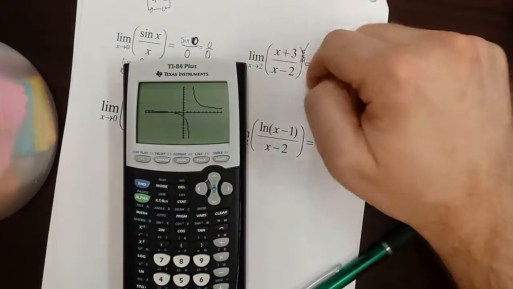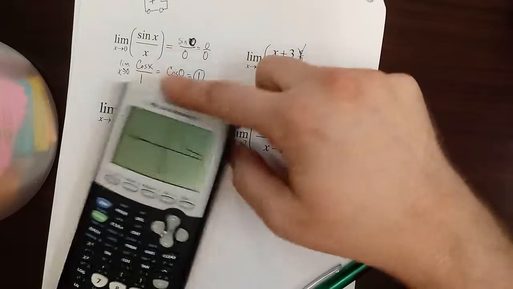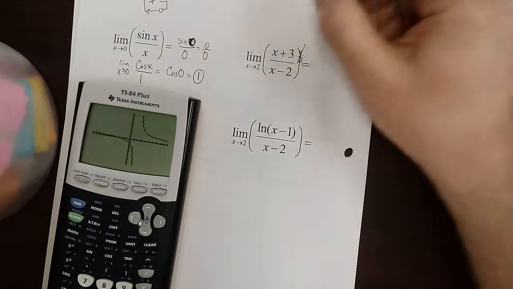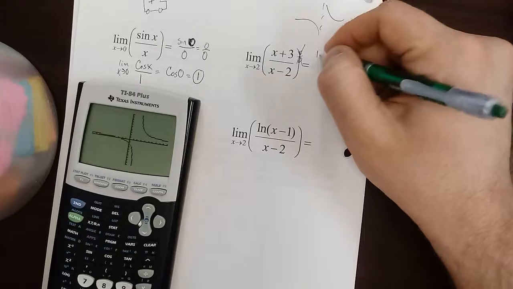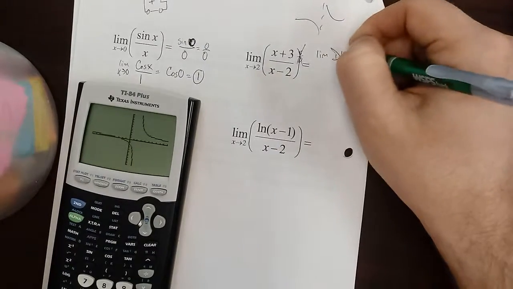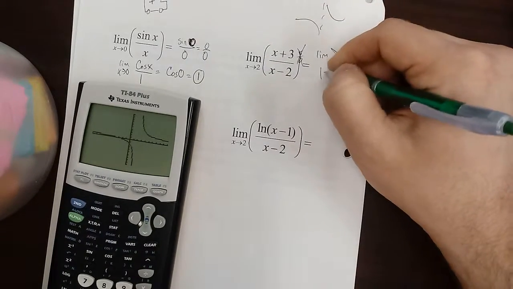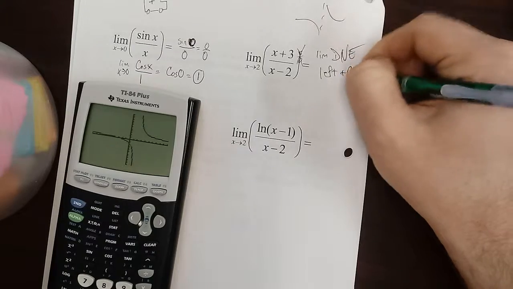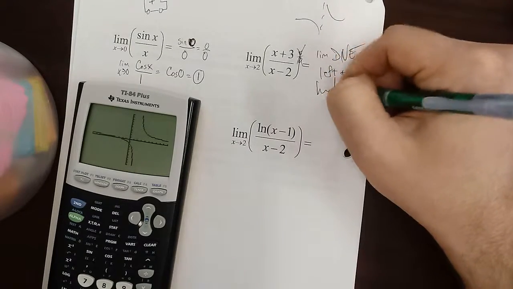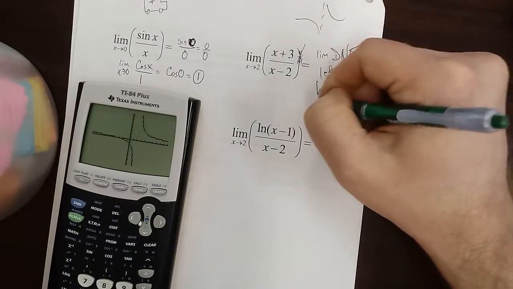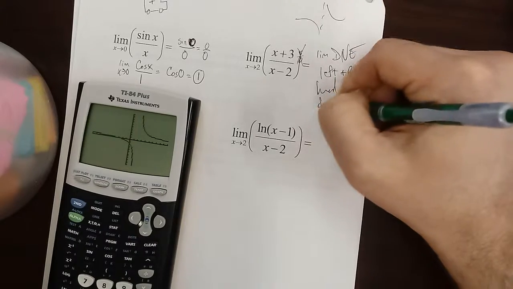And so L'Hopital's rule can't tell us anything about this one, but our knowledge of asymptotes can. And so since this is doing this sort of thing, we can say the limit does not exist. The left and right hand limits do not agree.